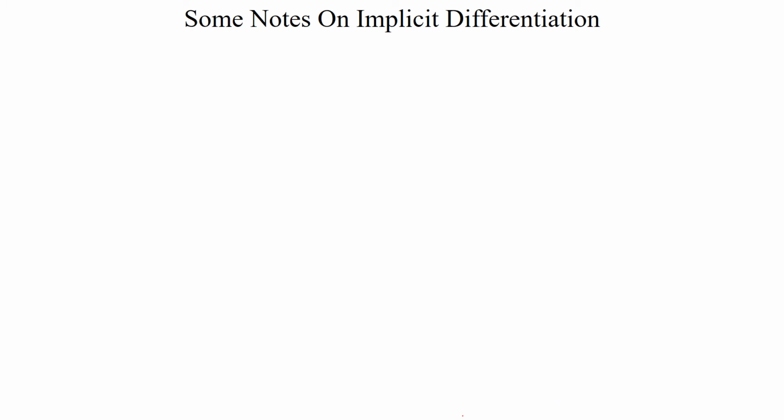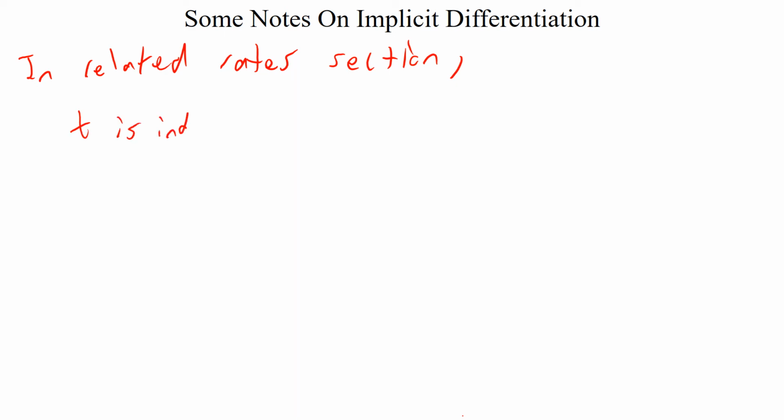So in the related rates section, t is the independent variable, which means the input. Another way to say it is when you take the derivative of something that has a t in it, you take the regular old derivative. Okay, but if you see any other letter at all, it is the stuff that's hidden from you.